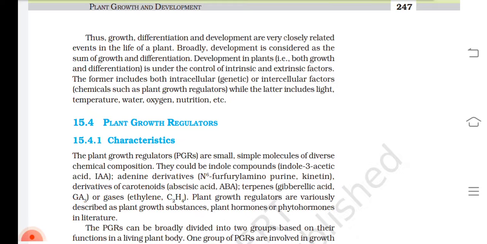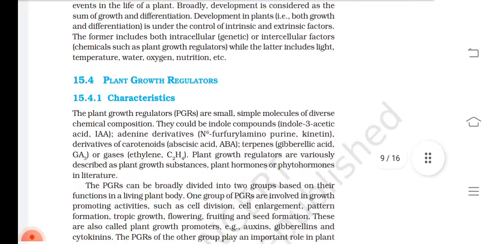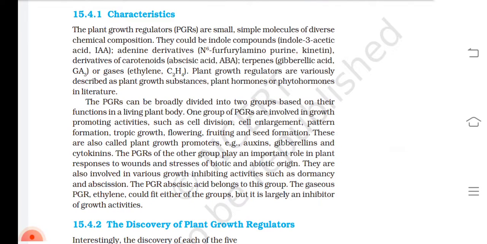They could be indole compounds, indole-3-acetic acid IAA; adenine derivative, N6-furfurylaminopurine, kinetin; derivative of carotenoid, abscisic acid ABA; terpenes, gibberellic acid GA3; or gases, ethylene C2H4. Plant growth regulators are variously described as plant growth substances, plant hormones or phytohormones in the literature.